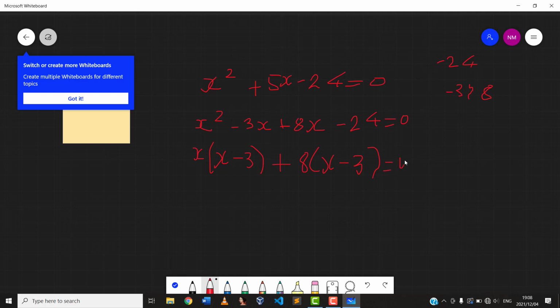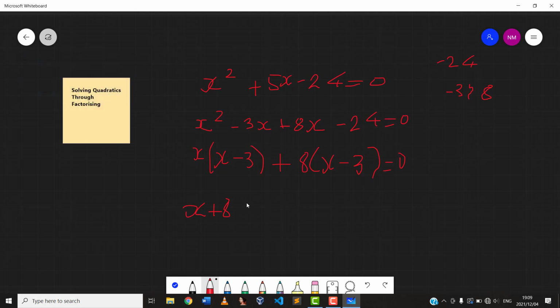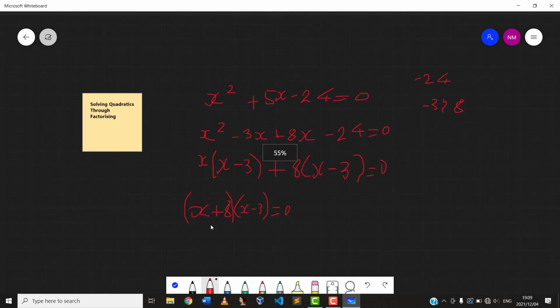So equals 0. Then you just collect the coefficients, x plus 8 and x minus 3, and put brackets around them. Now you can solve to get x equals minus 8 or x equals 3.